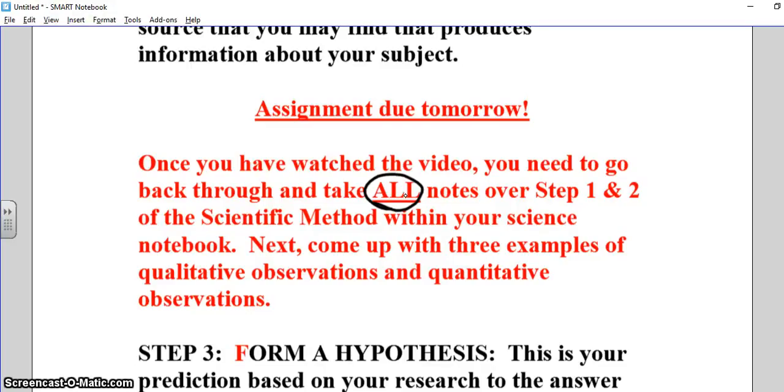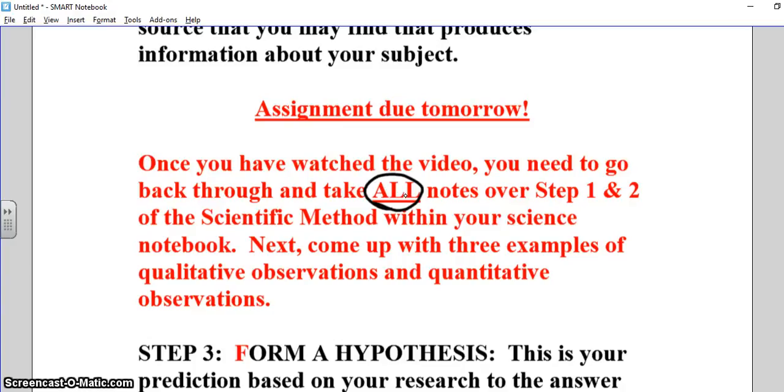And quantitative is when we use numbers, exact numbers, not it looks like the size of. There's no looks like, no inference. This is what you actually see. An example would be: this paper clip has a mass of 0.03 grams. And that is it. It's just straight up in your face. This is what it is.